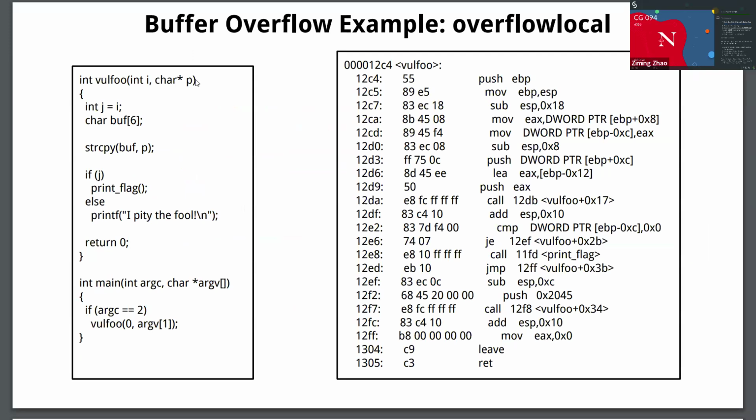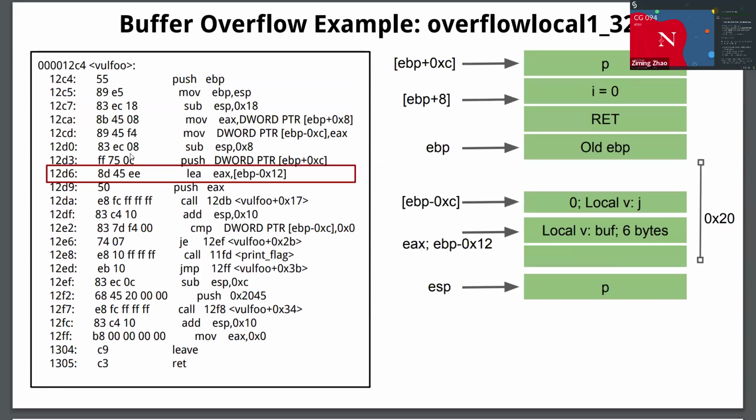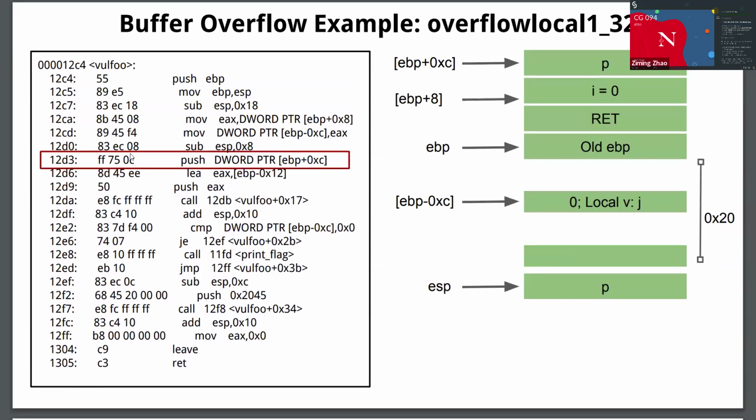This is P. Here, did we use P? We use P here, and P is a parameter, the second parameter. So we need to push this parameter, right? We need to push P. We also need to push buffer's address. So we're going to see 2 pushes there, right? So the first one is push EBP plus C.